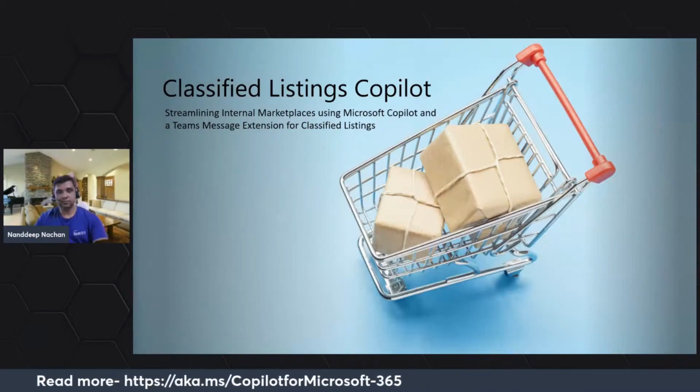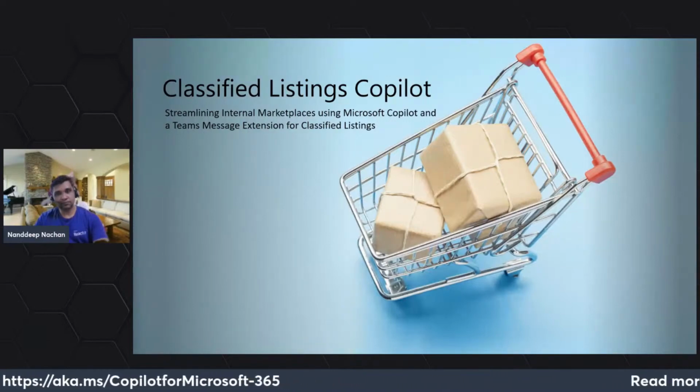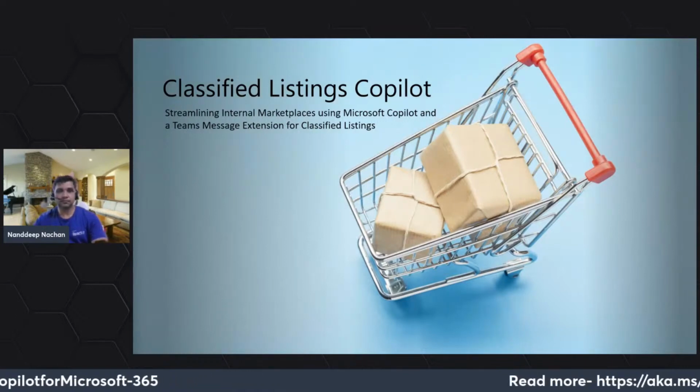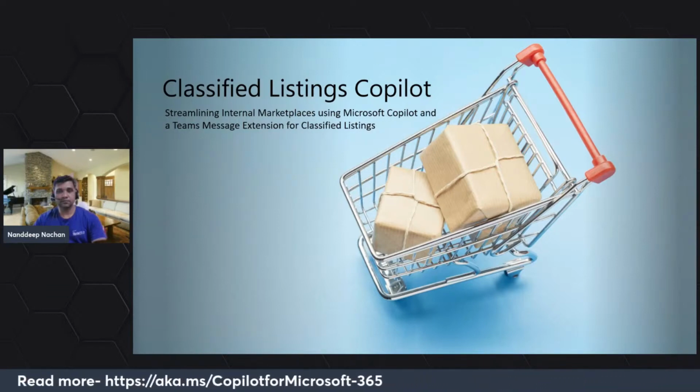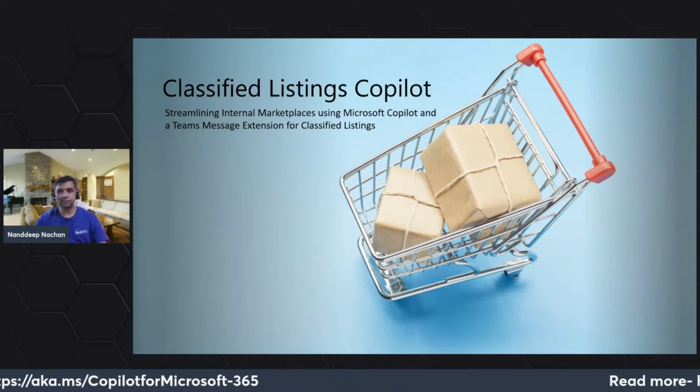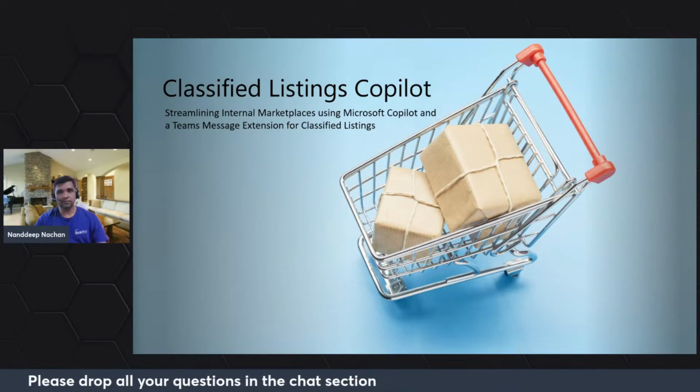The Copilot assists by generating the post templates, suggesting prices, and even automating notifications when similar items are posted. So employees searching for items can quickly find what they need through this Copilot-powered search, which filters and sorts the listings based on their preferences.